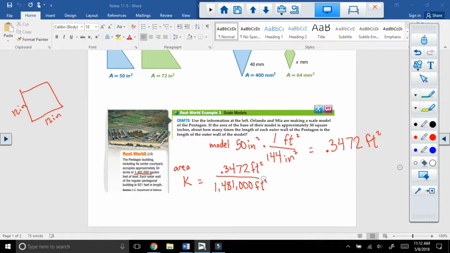Okay, we're going to take that .3472 and divide it by the 1,481,000. It might be easier to write it in scientific notation, but it's .000000234.